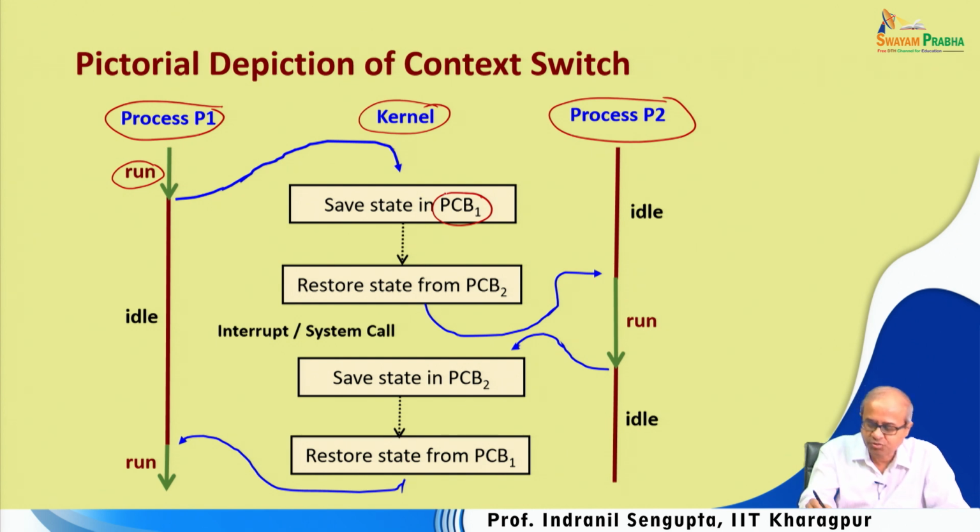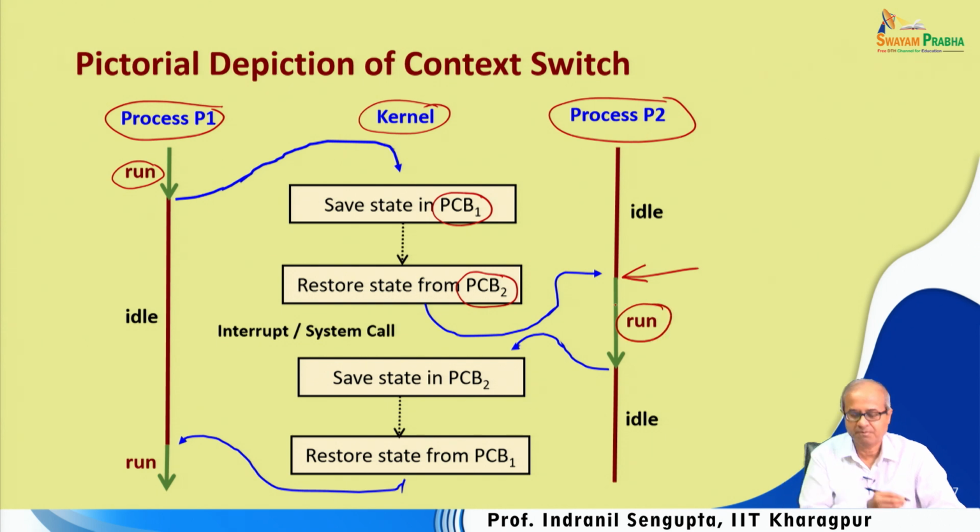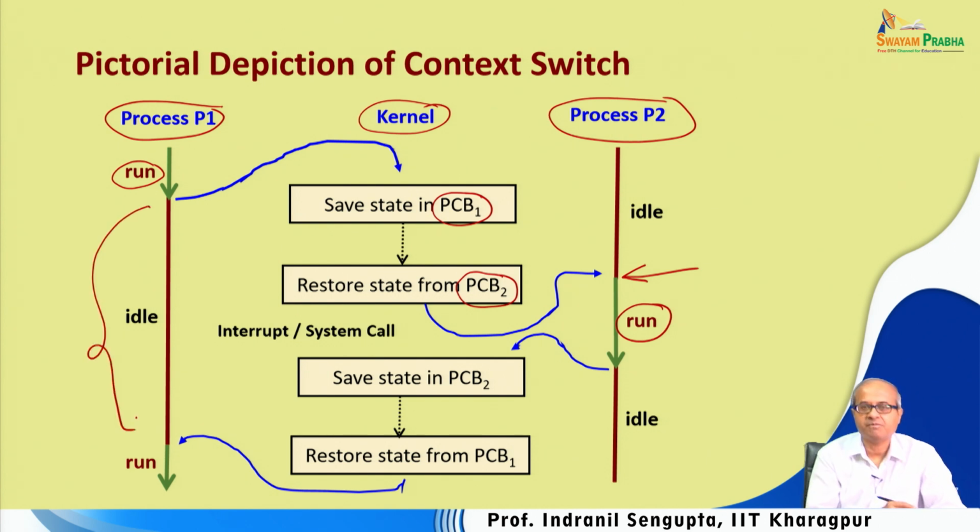So, it will be restoring the state of the process P2 from PCB2, right. Now, after this saving and restoring is done, now actually the process P2 can start its execution, it can start to run. During this time, the process P1 will remain idle, because process P1 has released the CPU, it is waiting for something.